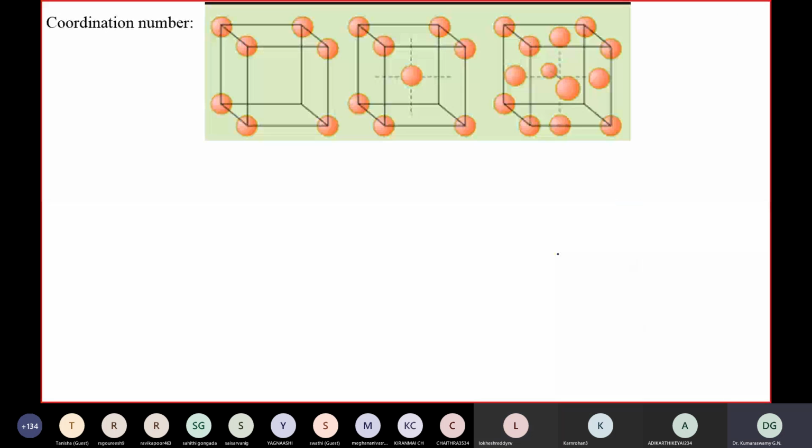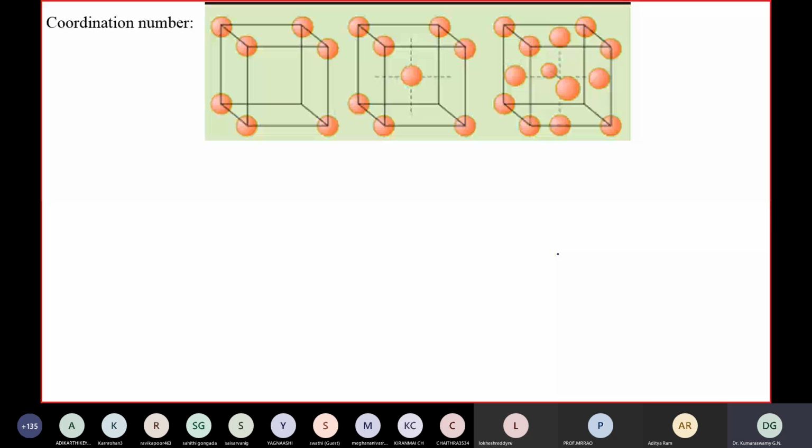So coordination number. Somebody was defining coordination number. It is the number of molecules or atoms that surround one atom in a lattice. Very good. It is defined as the number of nearest neighbors directly surrounding a given atom well within a crystal.